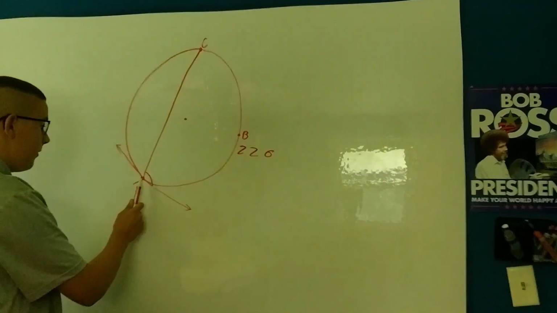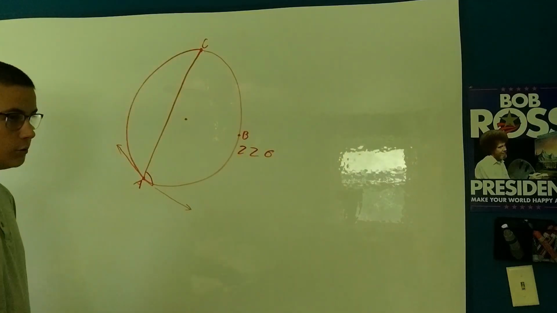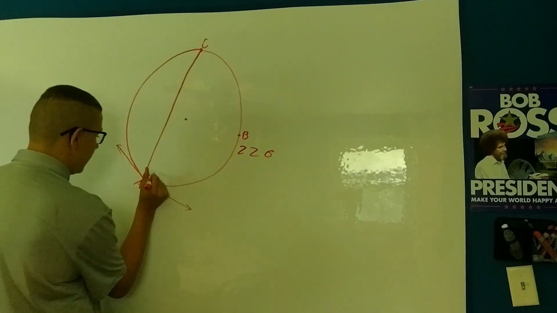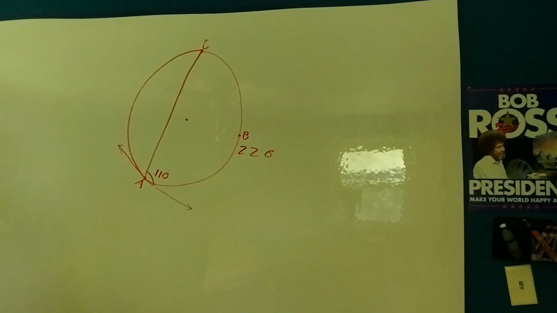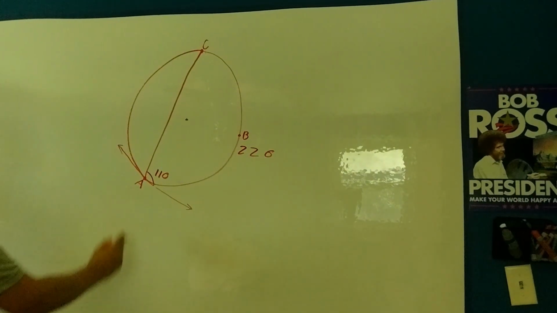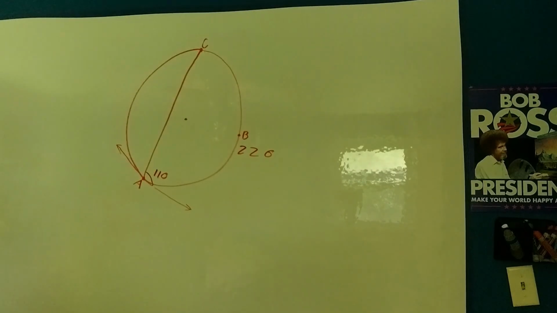Well, first we know that this is going to be half of this. So what is half of 220? That is 110, like that. And we know that these are going to be supplementary angles, right? So they add to 180.